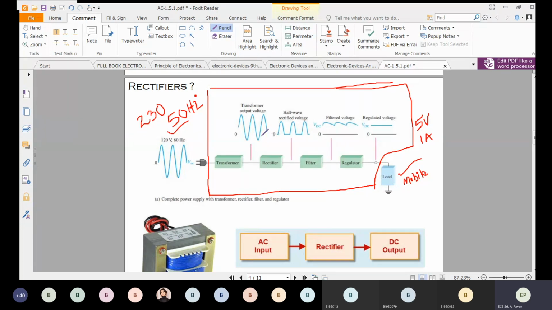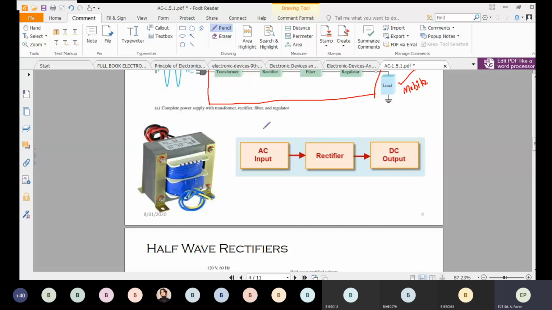So what does it mean? If the input for the mobile charger is 230, the output is 5 volts. We use this 5 volts to charge a mobile. So inside the mobile charger, we're going to have a rectifier circuit. What does rectifier mean?